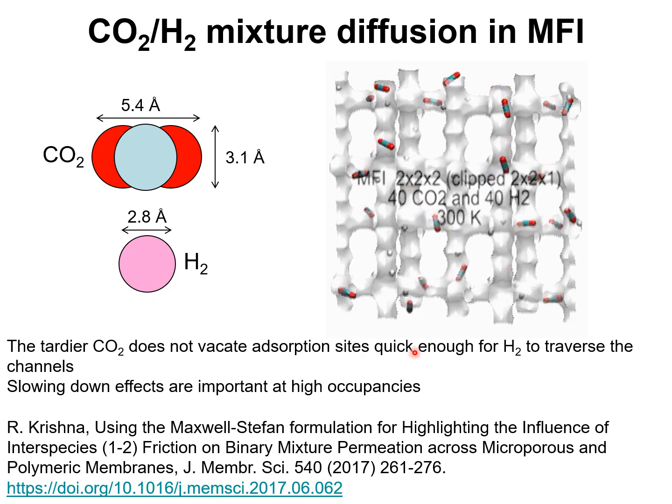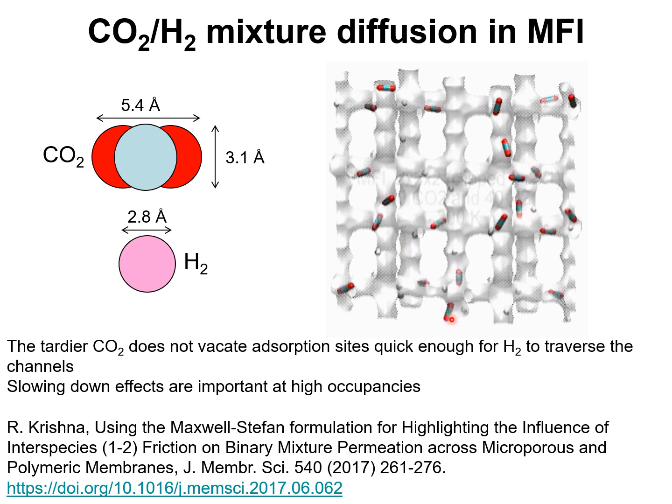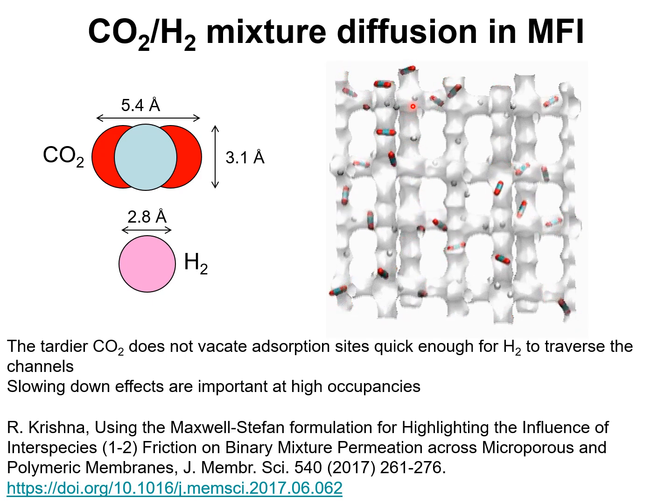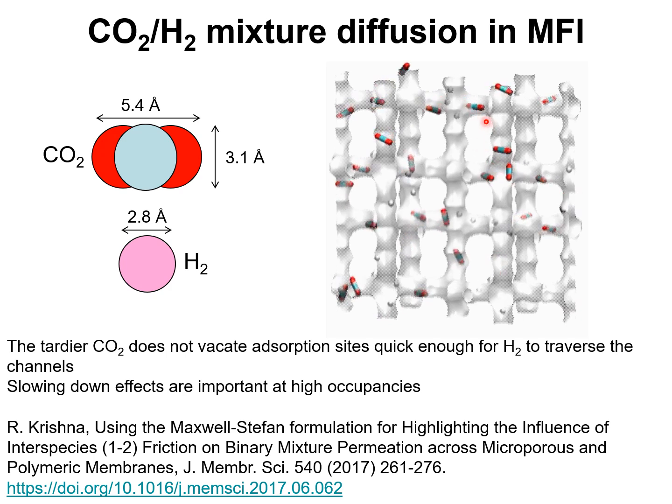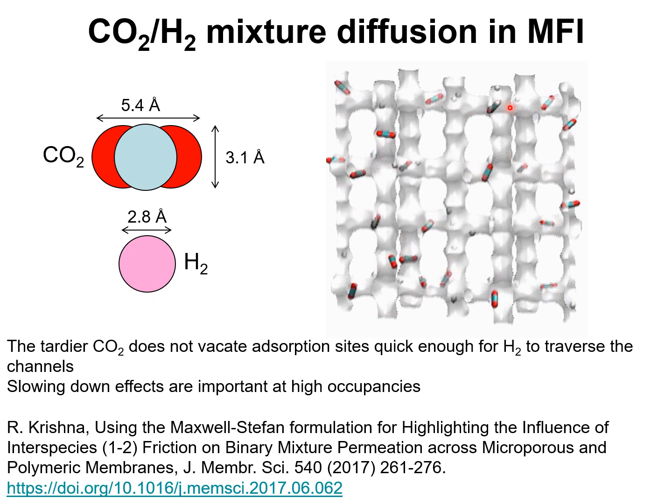Here we see the CO2 molecules and the gray spheres are the hydrogen molecules. We see that the hydrogen molecules have high mobility, but somewhere along the channels, they encounter a more strongly adsorbed CO2 molecule, and they cannot go past the CO2 molecule. That has the effect of hindering the mobility of hydrogen.